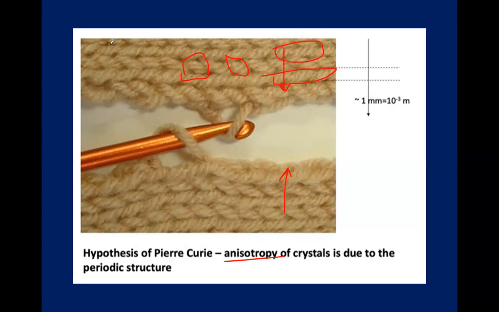If you take this as a unit, it is also repeating, isn't it? There are several repeating units in a crystal, and we will come to that later on. Just keep in mind, this repeating unit is important.